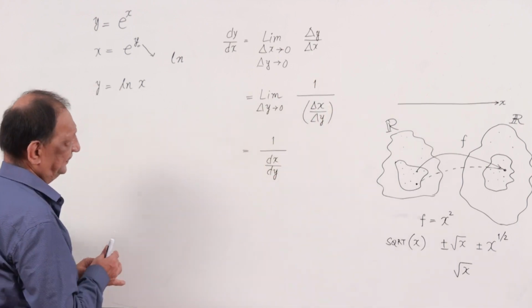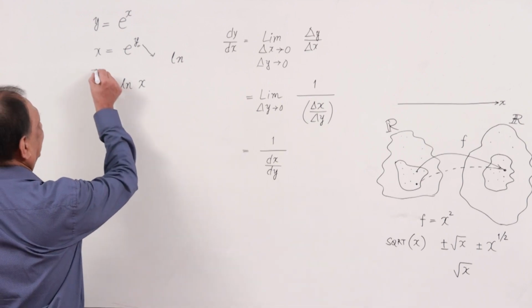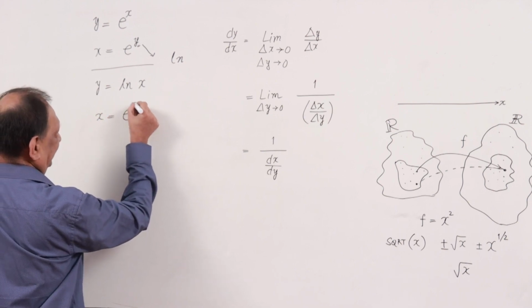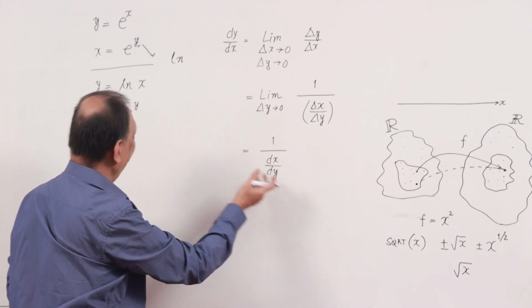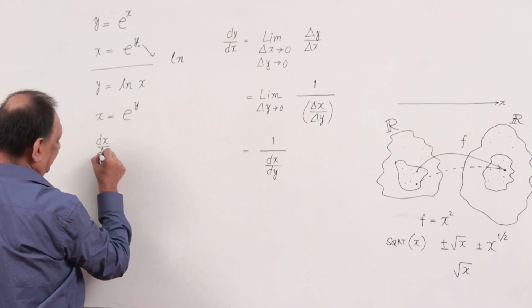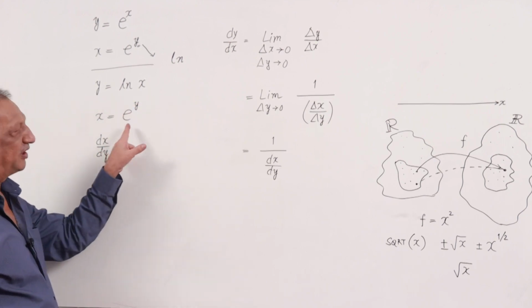So if that is the case, what we could do perhaps is we have y equal to ln x, which means really x is e power y, correct? That is by definition of logarithms, so we differentiate this with respect to y now. So what is dx by dy? It is d by dy of e power y.